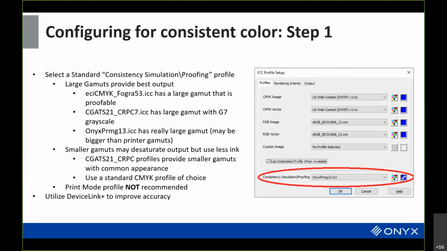If you select a device link profile for the consistency profile, then this reduces the transfer fee of that second conversion, and it's going to have essentially the same conversion error as going directly to a printer profile without using device links.